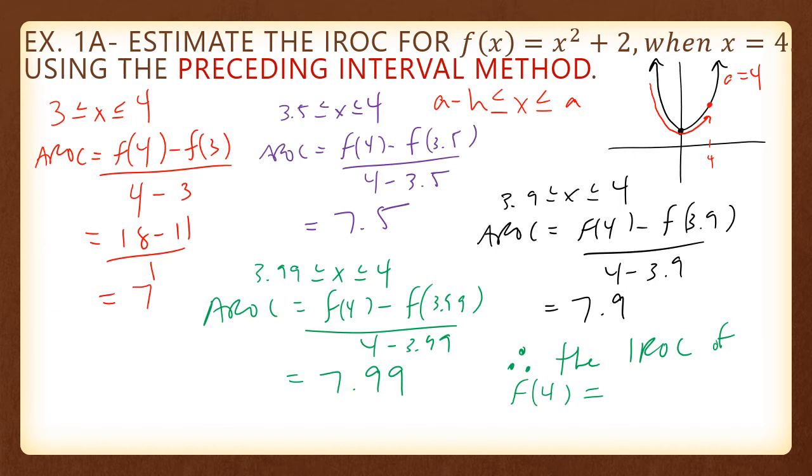Don't write that down. We're going to write is approximately, because we are doing an approximation, right? Is approximately 8. And that's all I need to see for this type of question. So the rate of change is positive, which is a built-in self-check looking at our graph, and it's going to get closer and closer to 8.